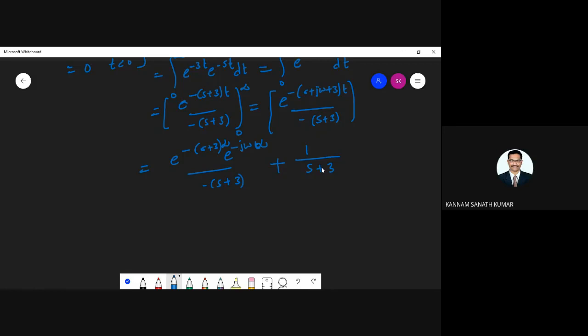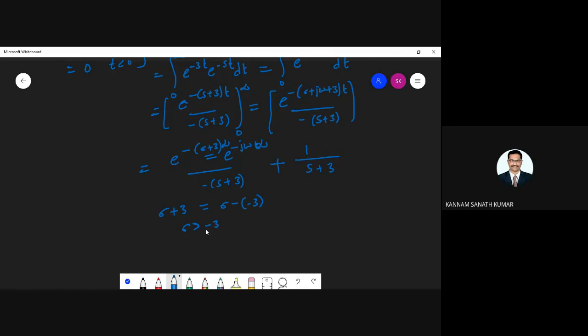Okay, so now it depends on this one, sigma plus 3. So the given value depends on this one, sigma plus 3. So you can write as sigma minus of minus 3. So when sigma is greater than minus 3, it becomes positive. Let us consider this as k. So e power minus k into infinity equals e power minus infinity. So this becomes 0.